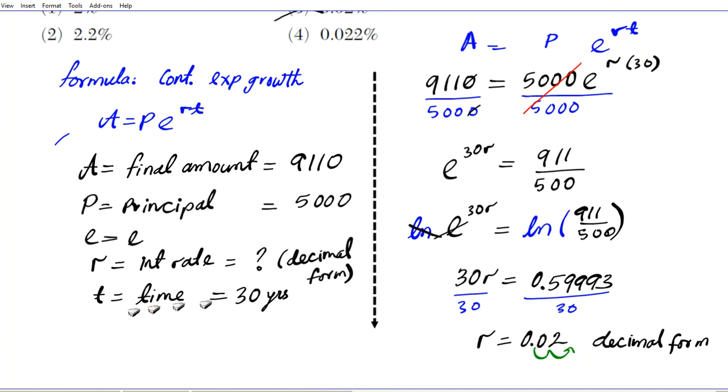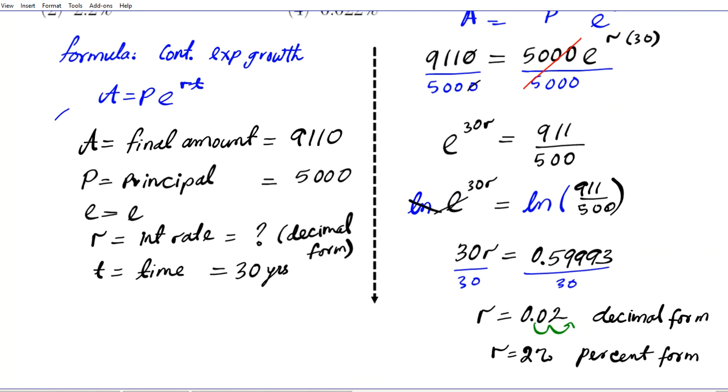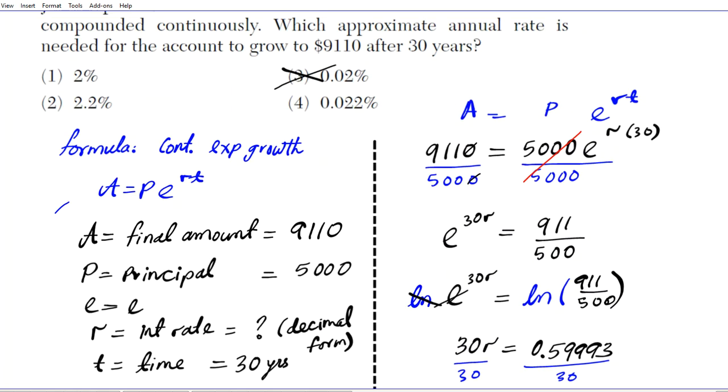The equivalent percentage form for 0.02 is R equals 2%. Okay, and this is in percent form. So you have to be real careful when you're dealing with the percentage component of exponential growth or decay functions. All right, so the answer to question number 10 is option number 1.